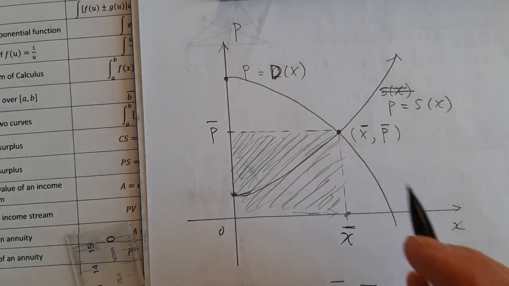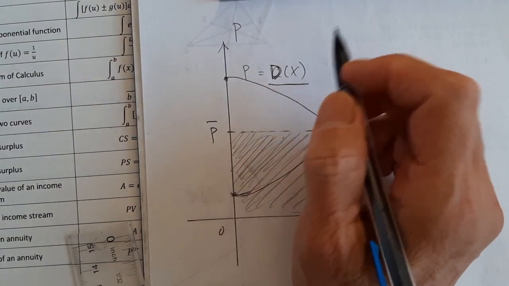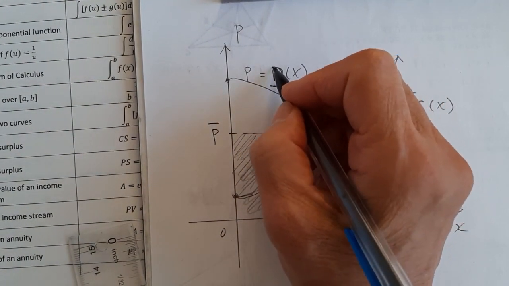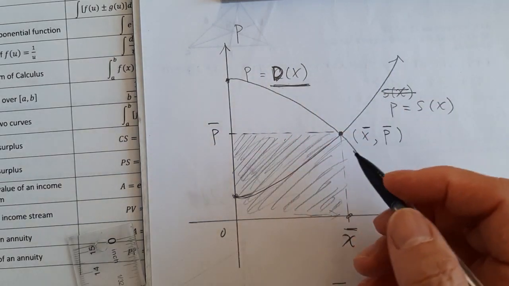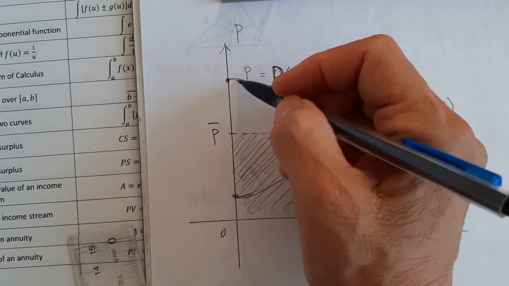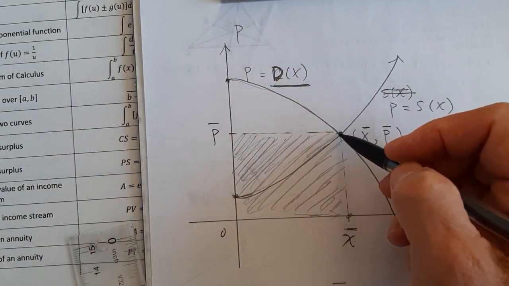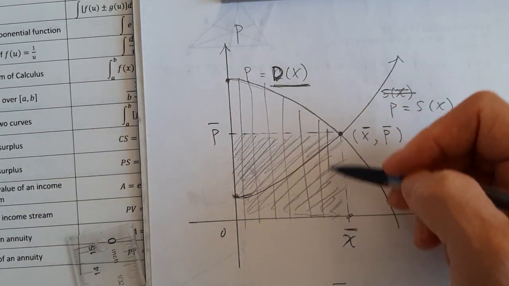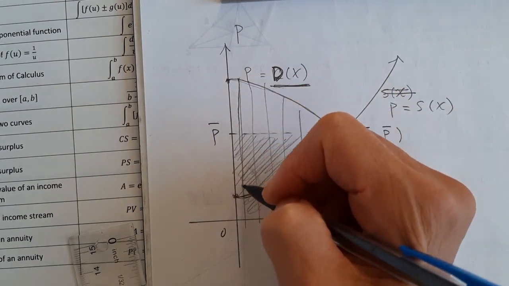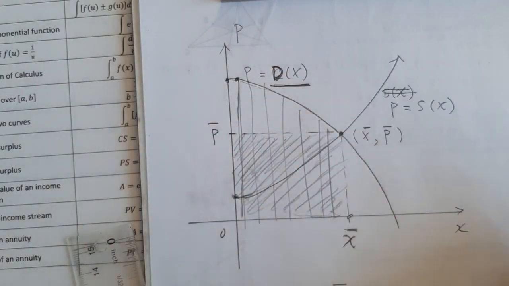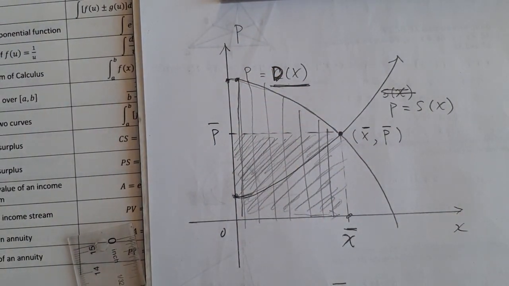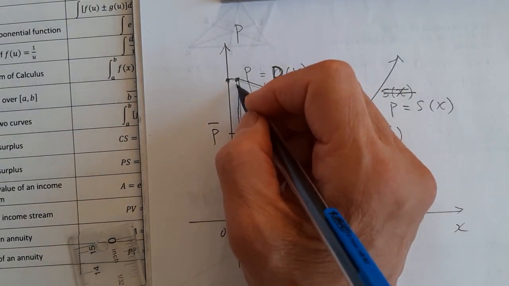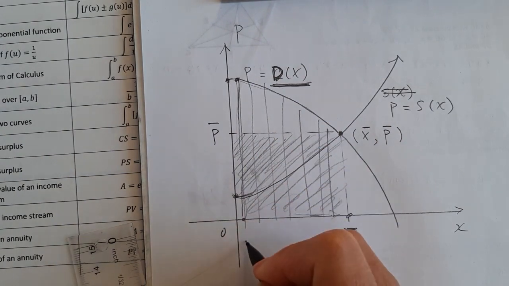Then for the consumer demand function, this is the curve, and under the curve, the price for demand, the demand function, times dx.